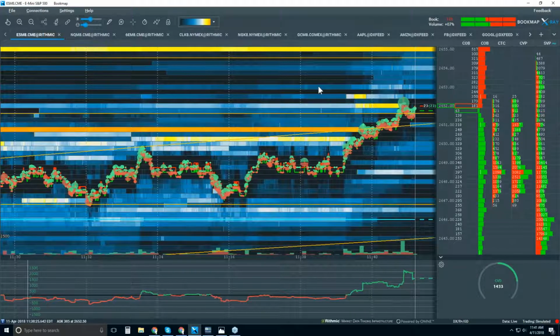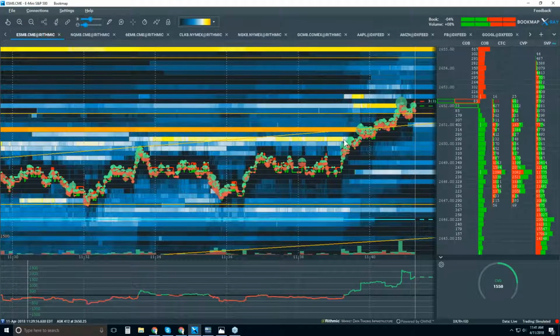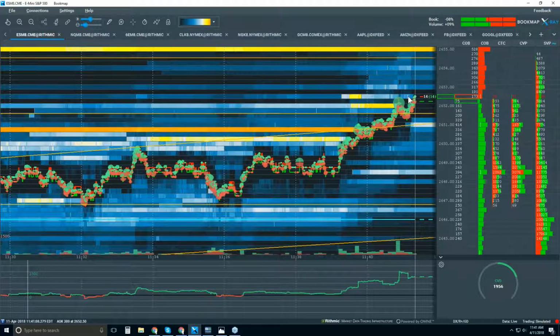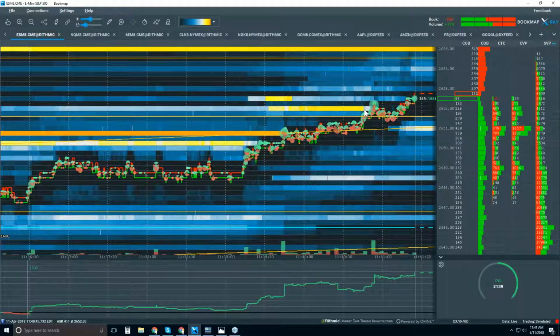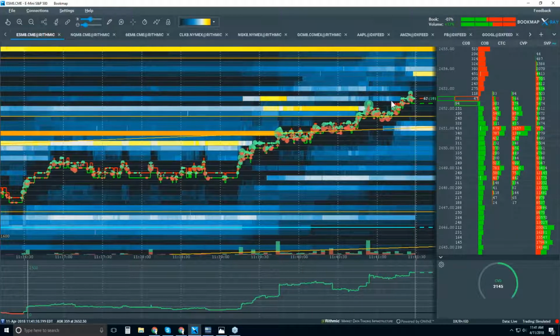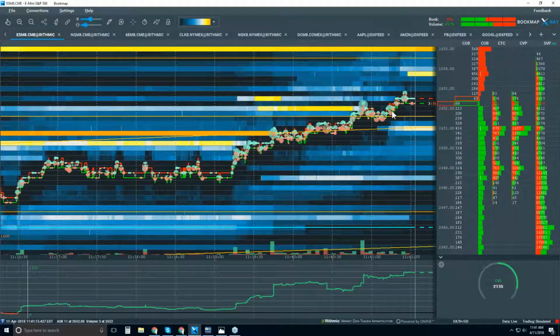Pretty nice move on that with the aggressive volume here. So maybe we won't stop here, but we're gauging it still. We're stalking this trade or this opportunity and seeing what unfolds here.